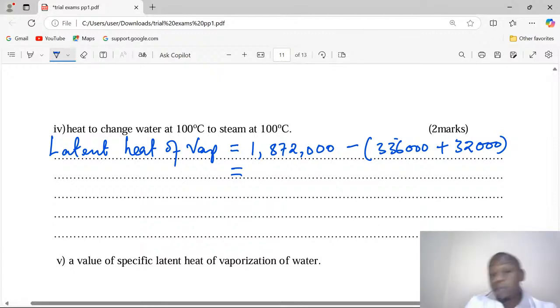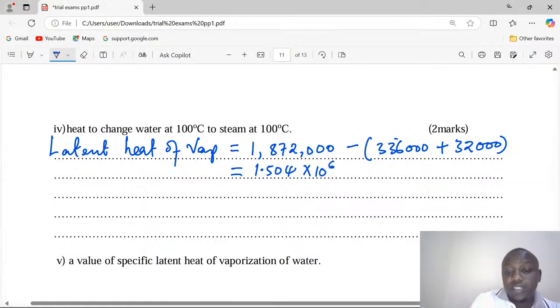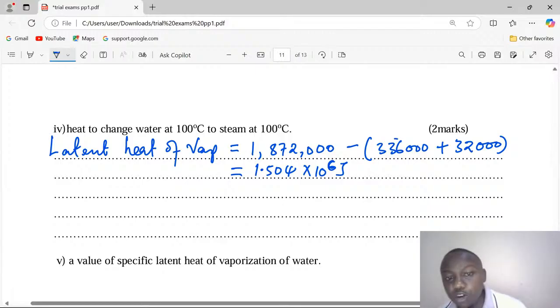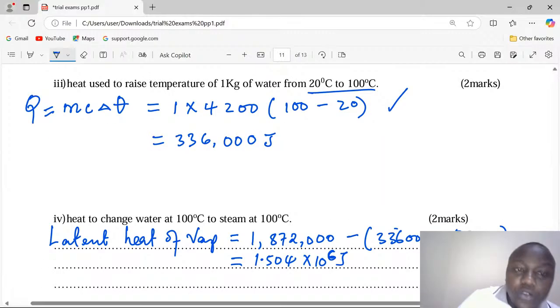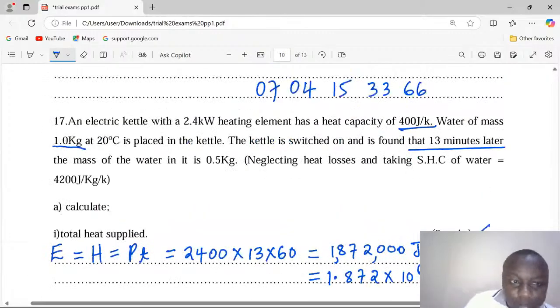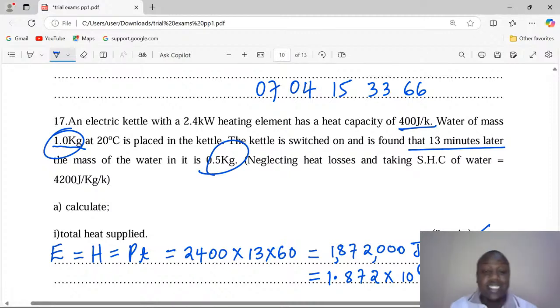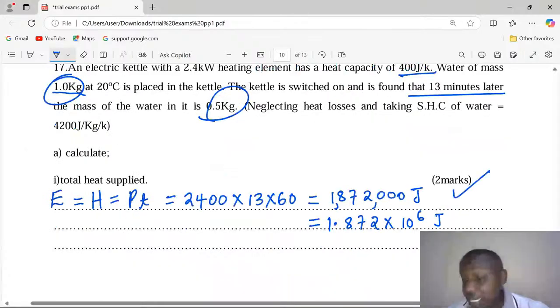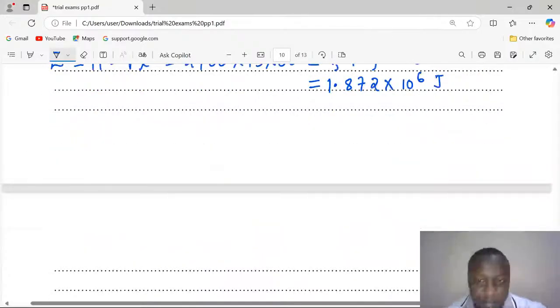So this is going to be 1.504 times 10 power 6 joules of energy. This is the amount of heat energy which was used to vaporize 0.5 kg to steam, because it was 1 kg of water, but at the end of the day, the water which had been left is 0.5, which means 0.5 has been vaporized. So that is the understanding you are supposed to have.